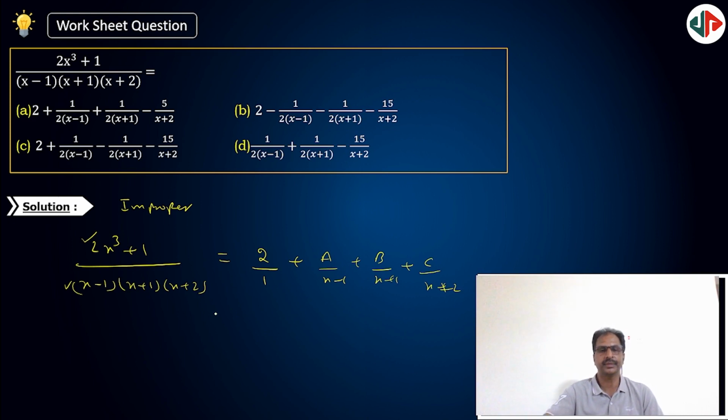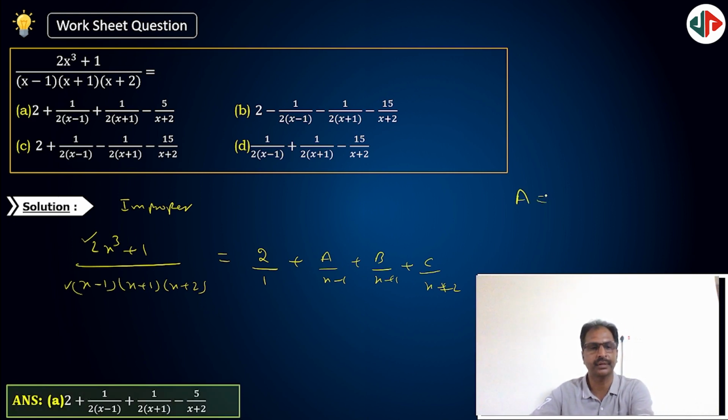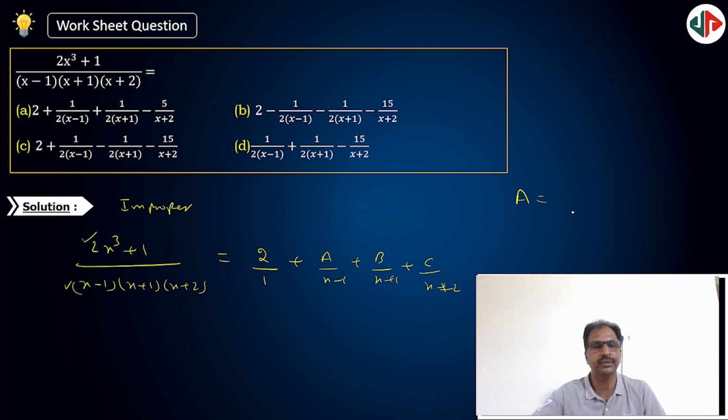Now we have to find a, b, c and substitute a, b, c here. How to find a? Put x is equal to 1 except in this factor. Then what is a? 3 by 2 into 3, which is 1 by 2. So a is 1 by 2. How to get b?